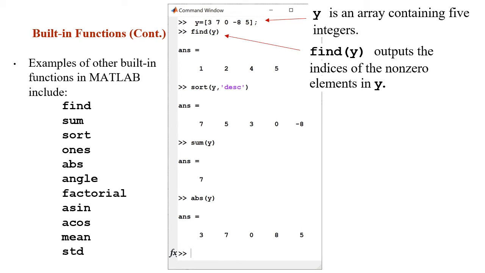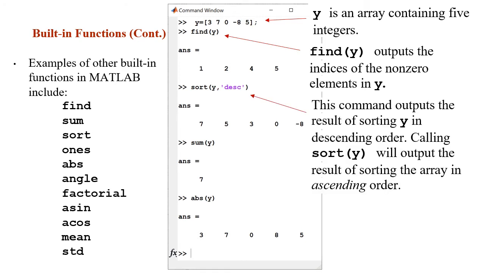The function sort by default should output the sorted version of its input, but since here we are passing a second argument, which is the text descending, meaning we're interested in sorting y in descending order. So sort y descending will output the sorted version of y in descending order.